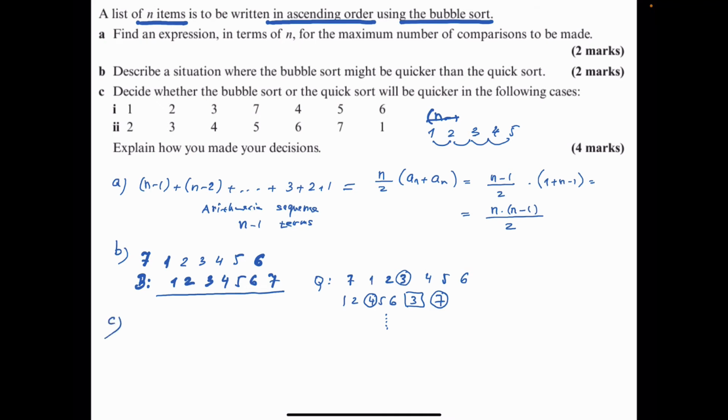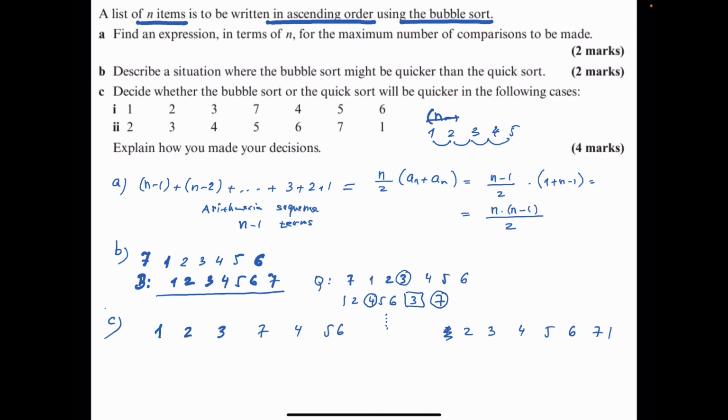Now when you look at the C case, we need to decide whether the bubble sort or quick sort would be quicker, and also explain how you made your choice. So 1, 2, 3, 7, 4, 5, 6, and 1, 2, 3, 4, 5, 6, 7, 1. When you look at the first one, the only item that is out of its position, if I'm doing it in ascending order, is number 7.